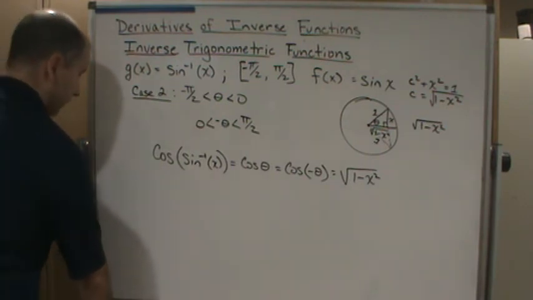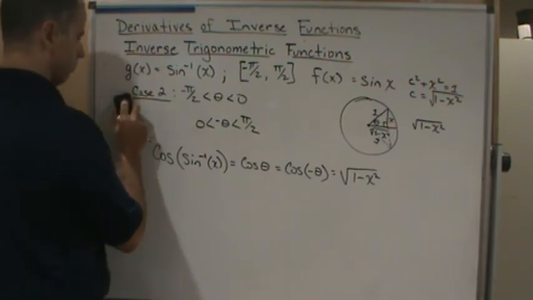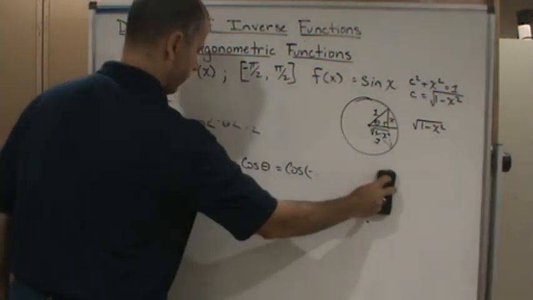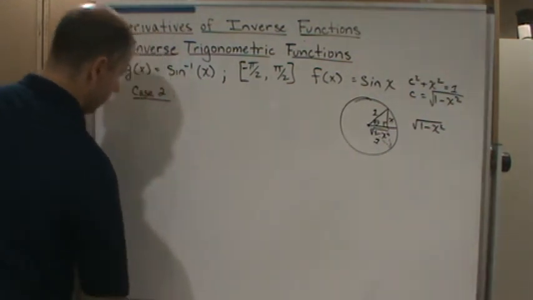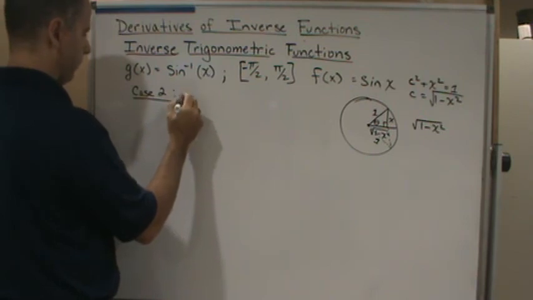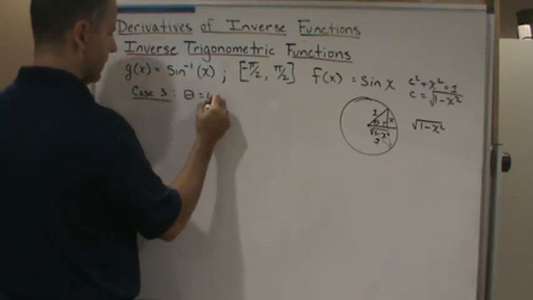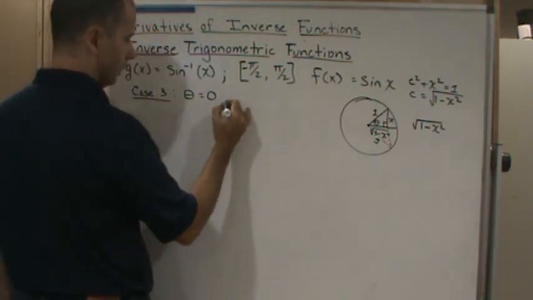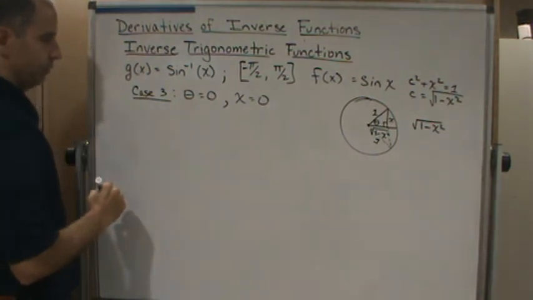Now, what about the case that theta is equal to 0? Call this case 3. If theta is equal to 0, then x is equal to 0.